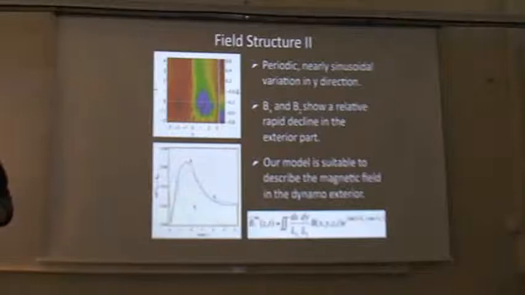It's less than the sunspot field. It was not the issue to get values that you really compare with observations. We just focus more on the structure, the mechanism. So I think the mean field, the large-scale field in the corona or in the outer part, would be on the order of anywhere between 10 to 30 Gauss.